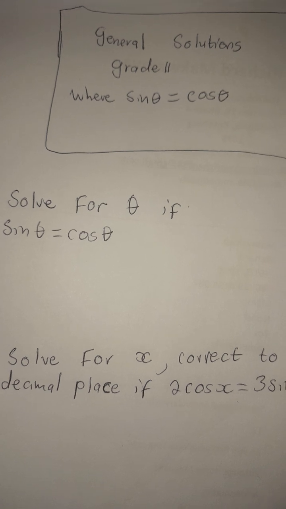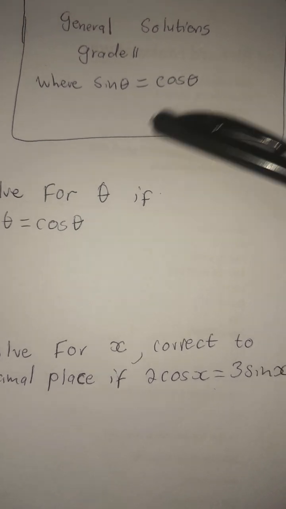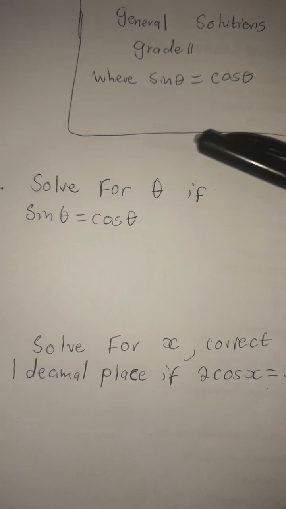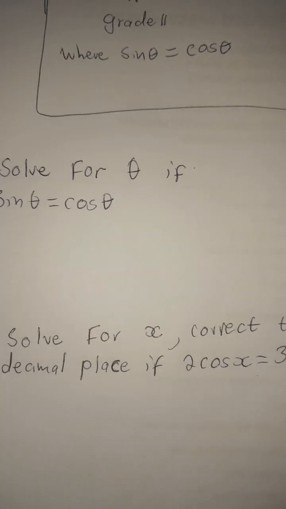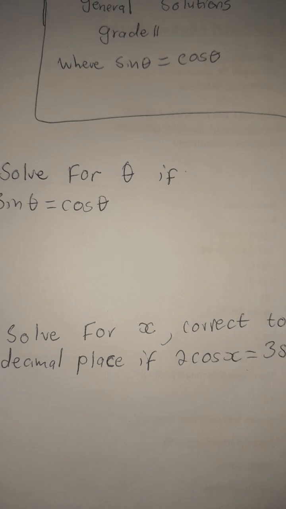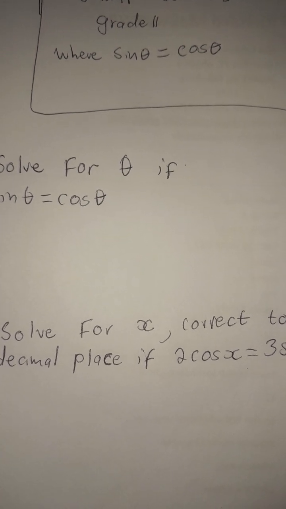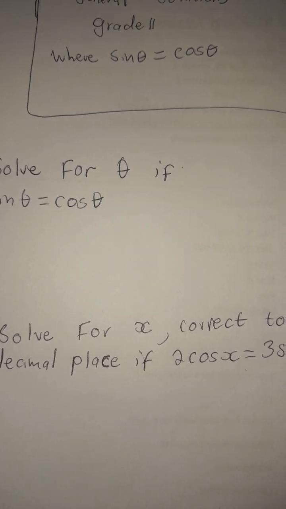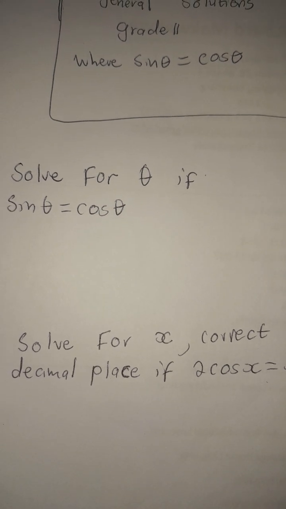General solutions where sine theta is equal to cos theta. So we will solve for theta in this case. Basically, guys, I want you to put this in your mind: when are you dividing?